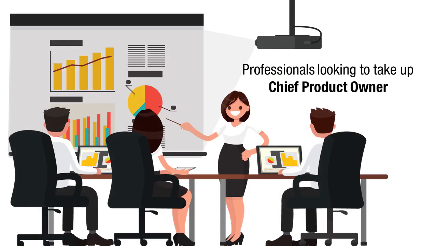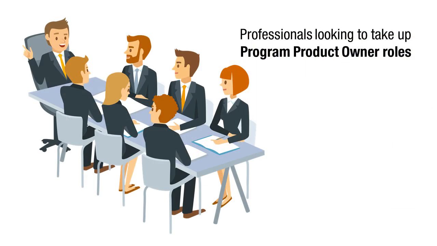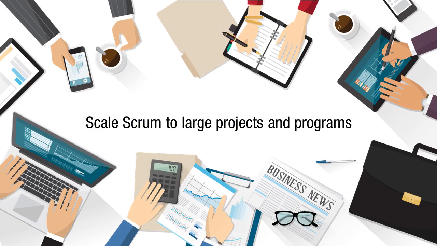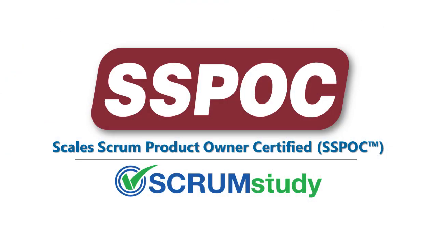Professionals looking to take up the Chief Product Owner, Portfolio Product Owner, or Program Product Owner roles and scale Scrum to large projects, programs, or the enterprise can opt for Scaled Scrum Product Owner Certified, or SSPOC certification.